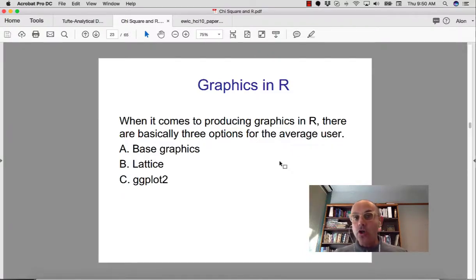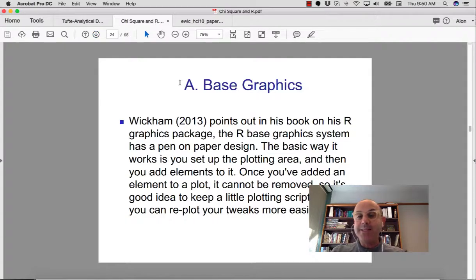As I said, I also want to focus on graphics in this presentation. When it comes to producing graphics in R, there are three options for the average user: basic graphics, which is very simple, lattice, and ggplot2. Each of them provides basically different output.